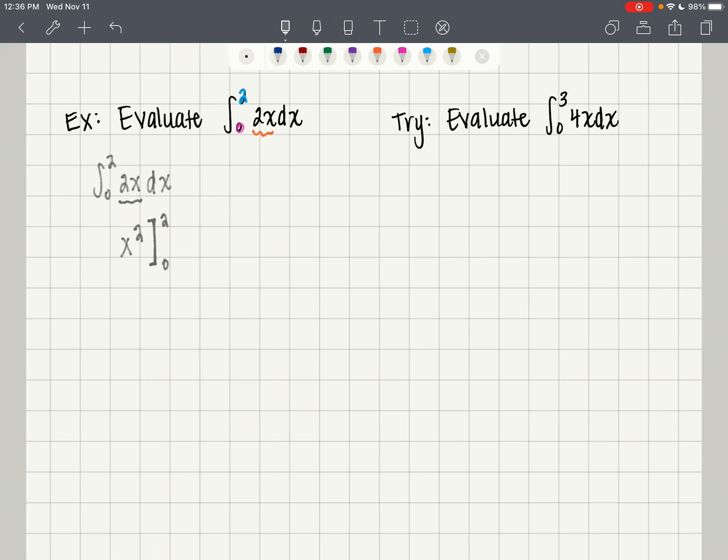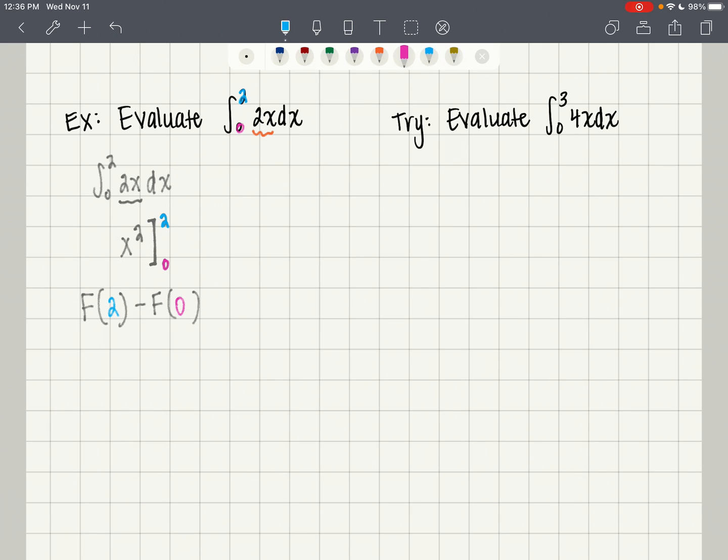Now remember that 0 is the lower limit of integration and 2 is the upper limit of integration. So when we're evaluating this, we have f of 2 minus f of 0.